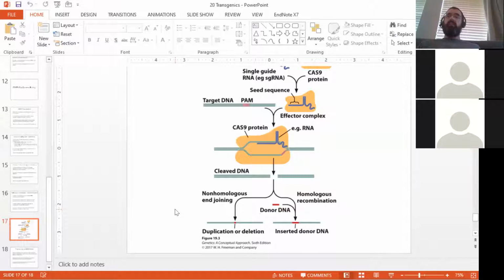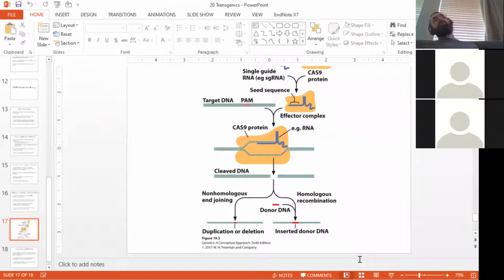And so, can this be used to stop cancer growth? Ooh, that's an interesting question. It's a very difficult question to answer because cancer is you. It's not different from you. It is different from you in some ways.